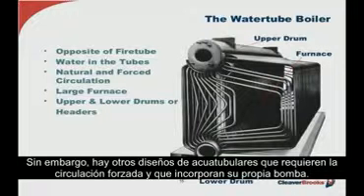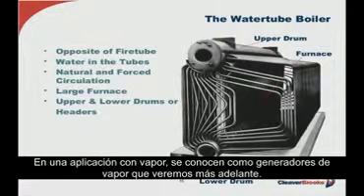However, there are other water tube designs which require forced circulation, incorporating their own pump, and in a steam application, I like to refer to them as steam generators, and we'll be taking a look at these in a minute.